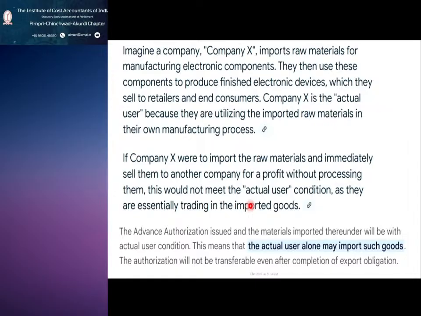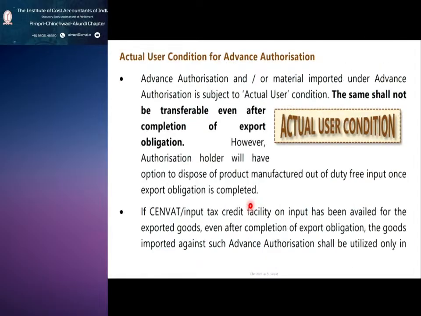So this one you need to be clear about, because in many places you need to keep studying the actual user condition, SION, the standard input output norms. So here we should be able to understand. The actual user condition means the same shall not be transferable even after the completion of export obligation.